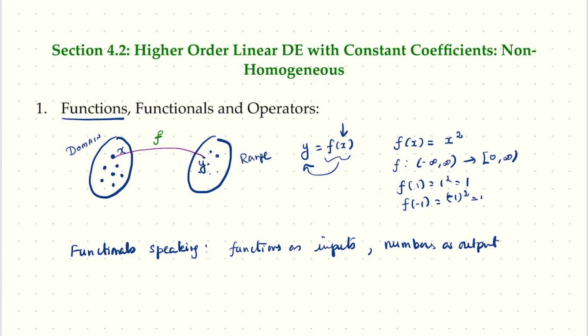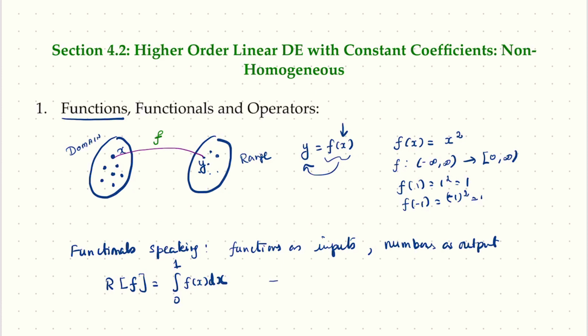So for example, let me define a functional. I'm going to call this functional r. R of f is equal to the integral from 0 to 1 of f of x dx. It's a definite integral, so if you feed in a function, it's going to give you a number.